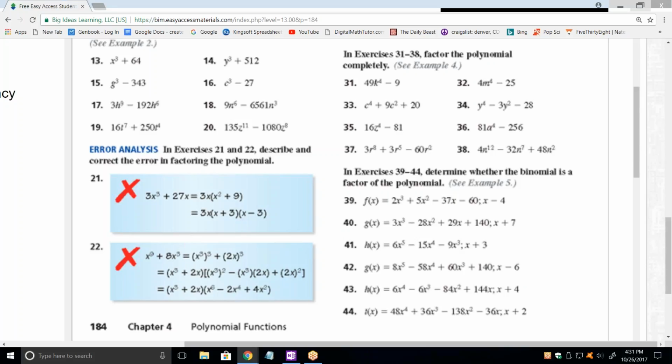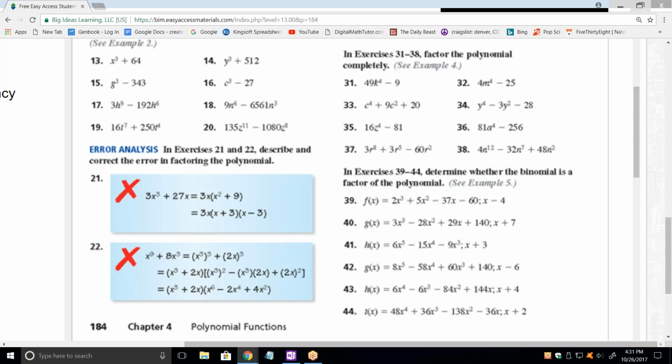Now, this lesson is on difference of perfect squares, difference of perfect cubes, and sum of perfect cubes. Those three things. What is number 13? Which of those three things is it? It's the perfect cubes.